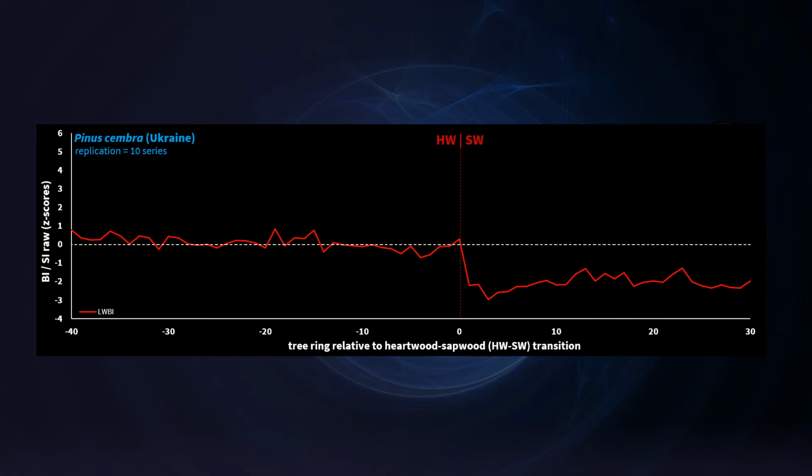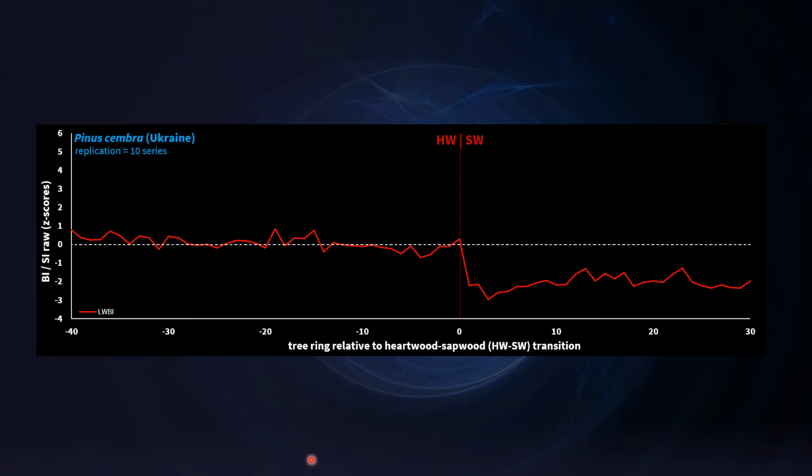So another example here with a different region, Pinus cembra from Ukraine, and here we have a chronology composed of 10 series. But in this case what we're looking at is the alignment of the series and building of the chronology in relation to the heartwood-sapwood boundary.